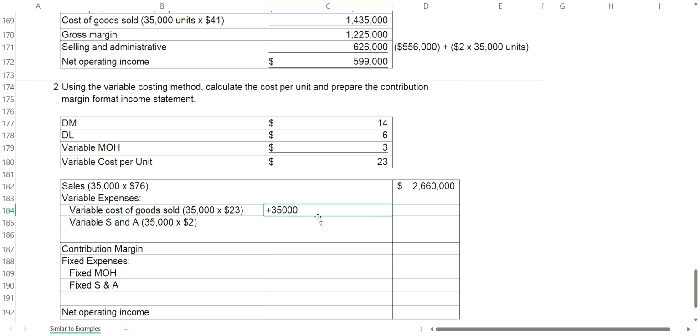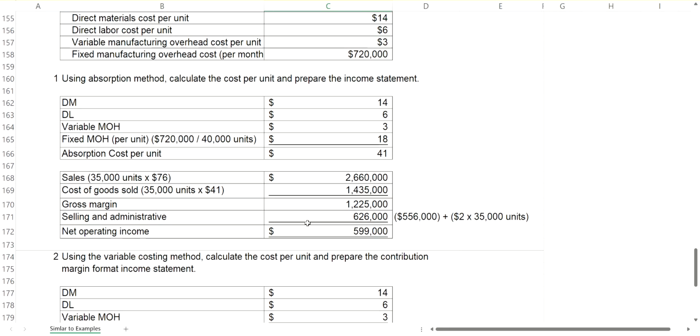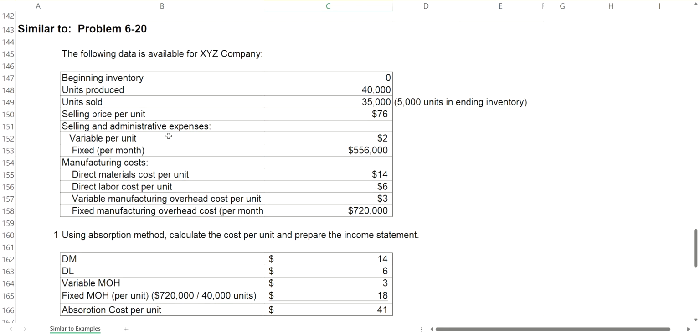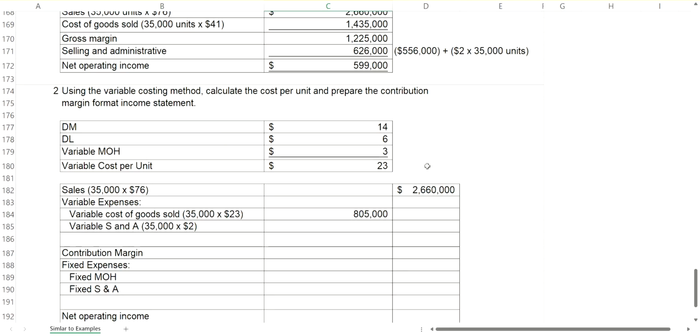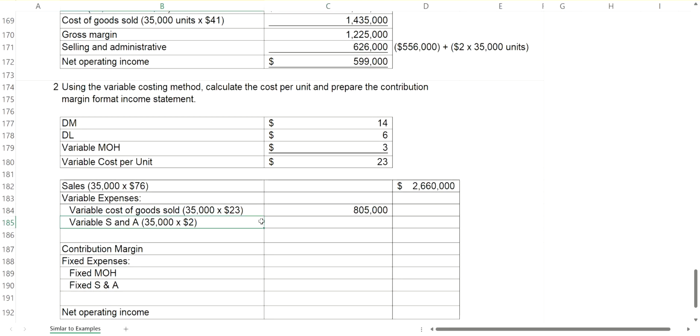So 35,000 units times 23 gives us 805,000. Now, don't forget you want to group all your variable expenses together above the contribution margin. So the variable S&A is listed separately above the contribution margin. And remember that the variable S&A is $2 per unit sold, and we sold 35,000 units. So 35,000 units times $2 per unit is 70,000.